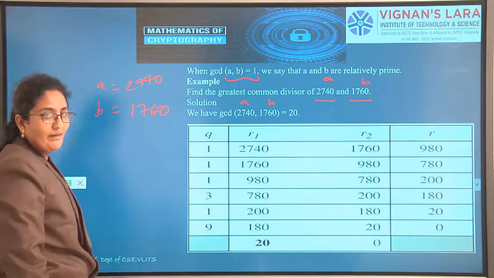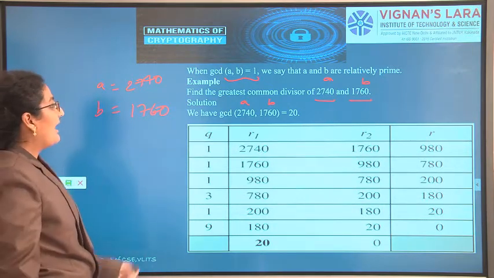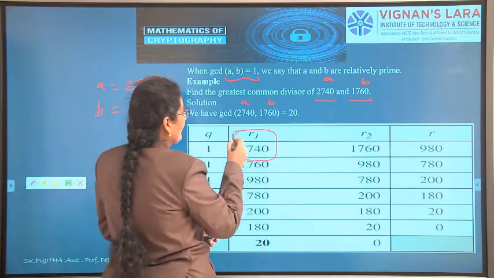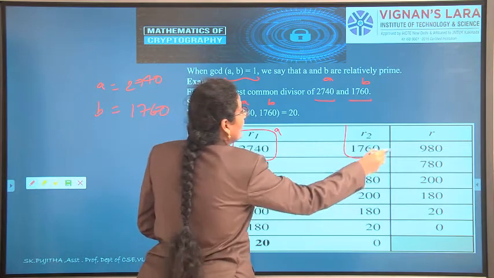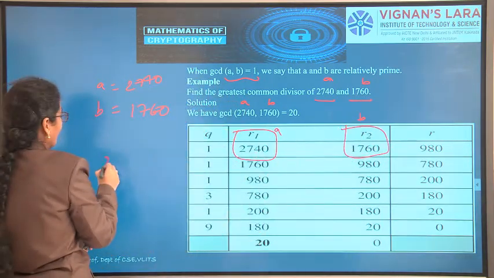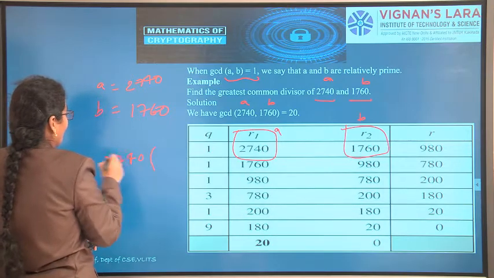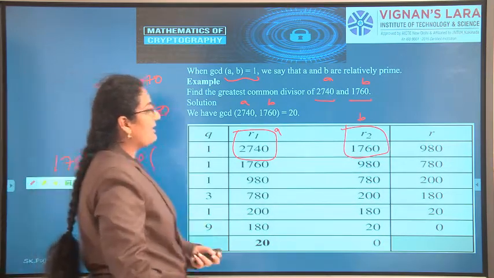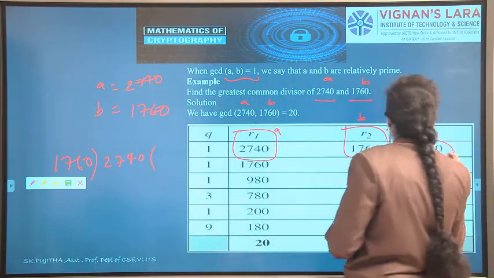For these two I want to perform GCD. As I told you in the previous slide, take R1 equal to A, R2 equal to B. Divide R1 with R2. What is the remainder you got? That you should store in R.